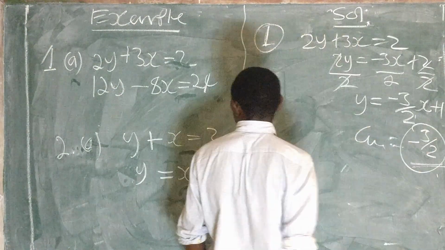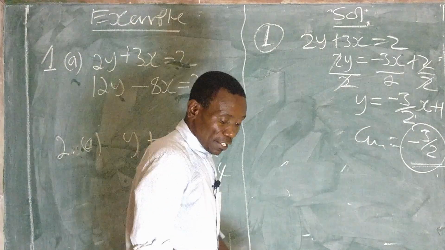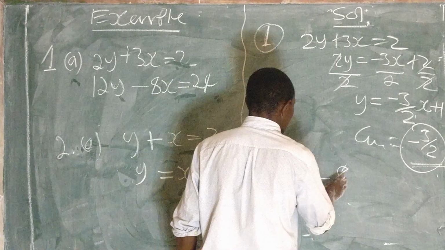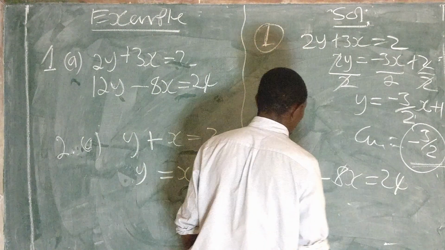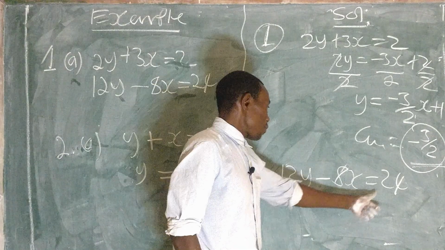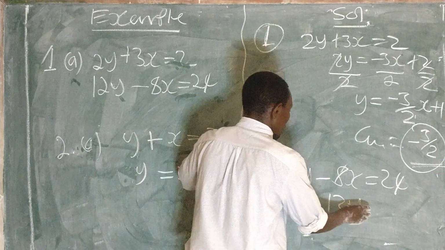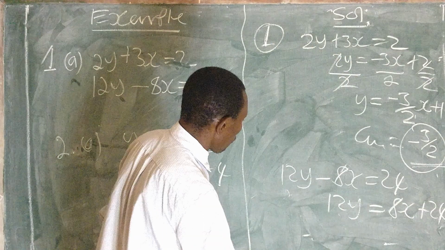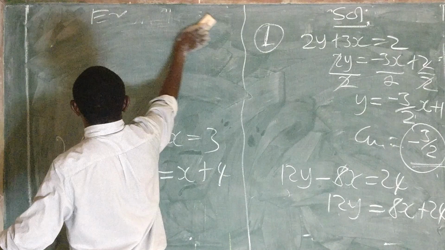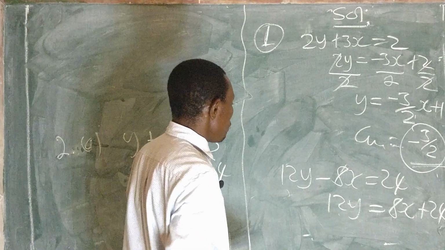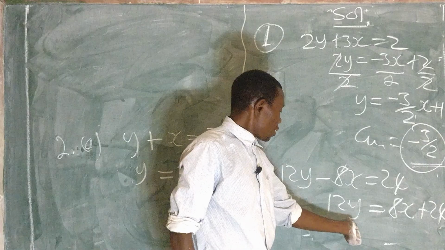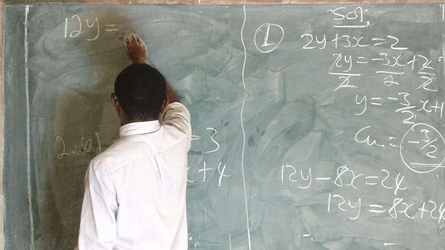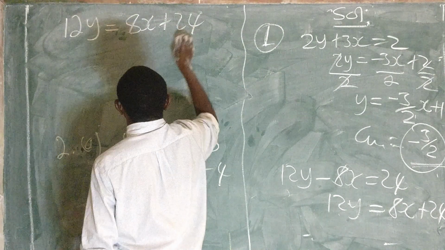Okay, let's put this one aside and work out the gradient of the other line. This other line is defined by 12y minus 8x is equal to 24. We take this one to the right hand side, so we have 12y is equal to 8x plus 24.